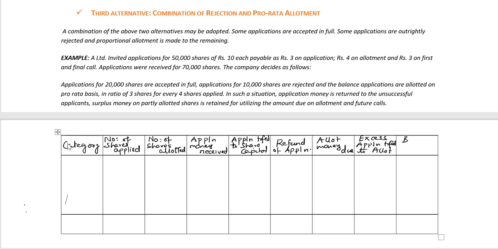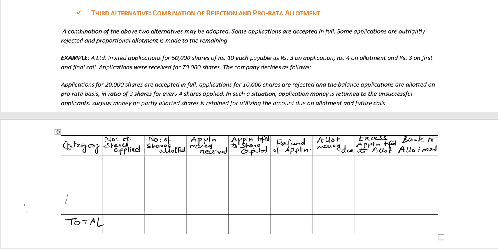And the last column, bank to allotment. This will give us the total of the columns.